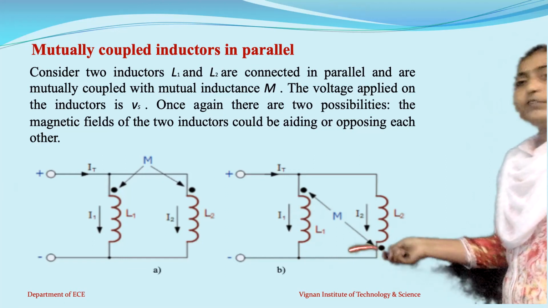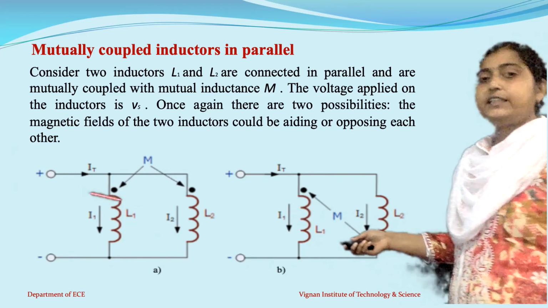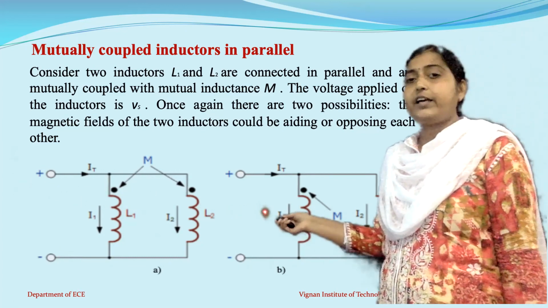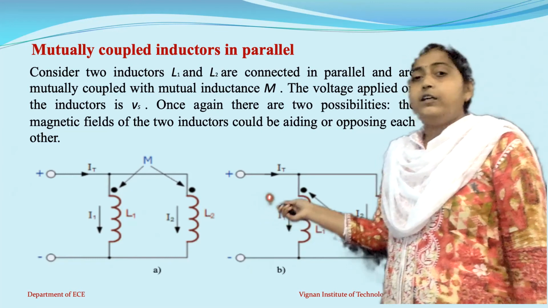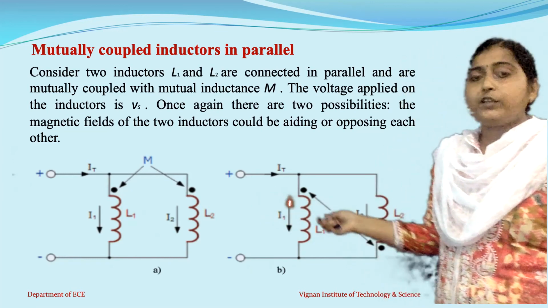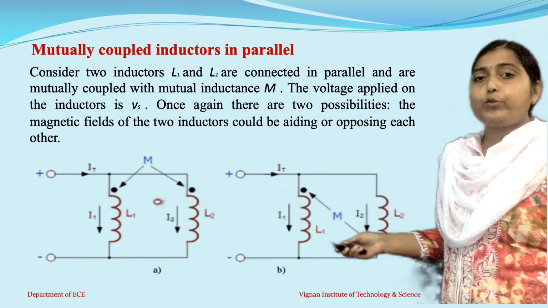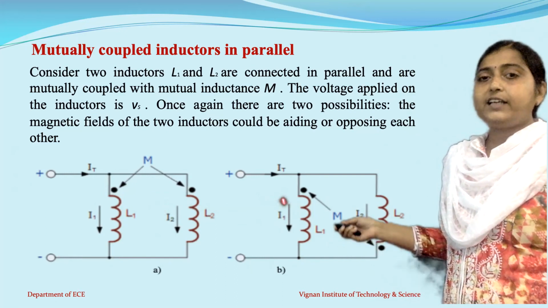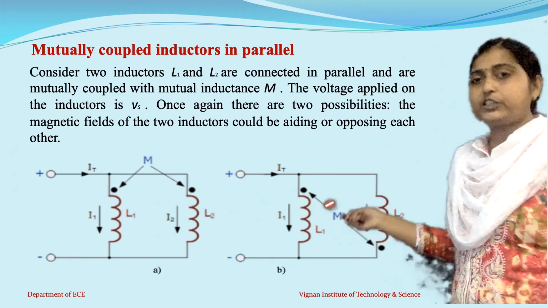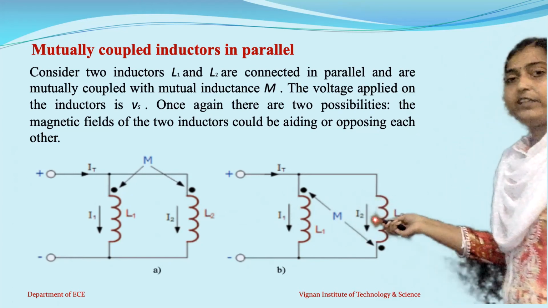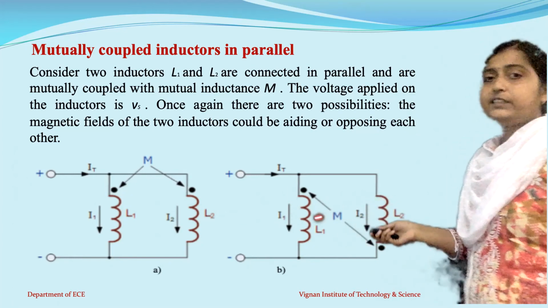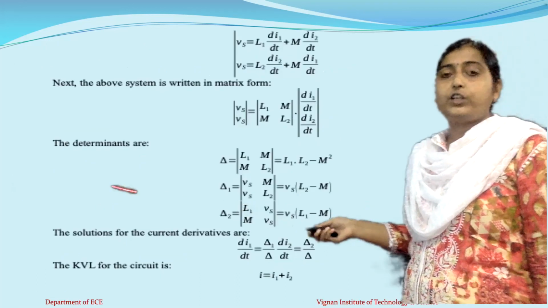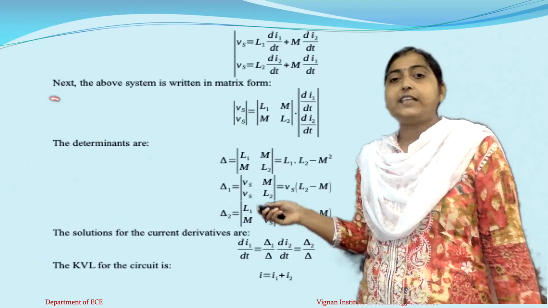The first connection we call parallel aiding connection, whereas the second connection we call parallel opposing, because in the first case for both inductors the current is entering the coil, whereas in the second case the current is entering the first coil and leaving the second coil. Now again we go with the same analysis.